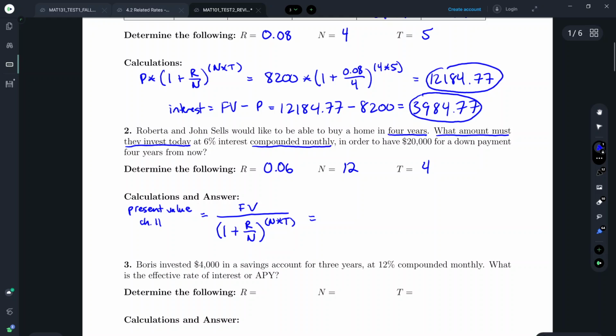So what is the future value? They're trying to save up $20,000 in the future, so that's the future value. And then in the denominator we just plug in all the variables.